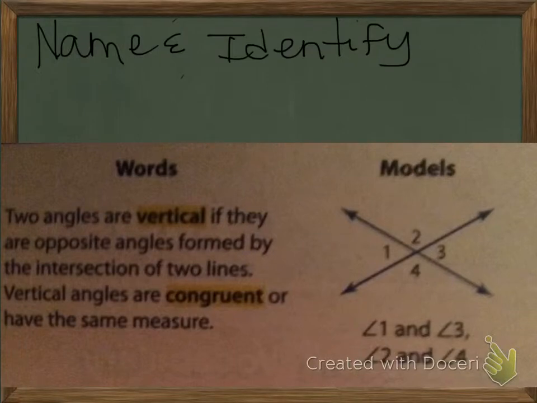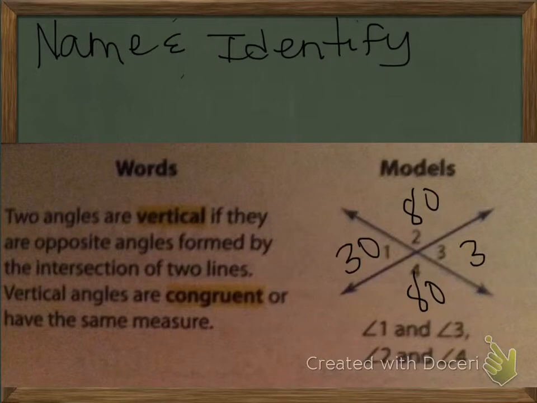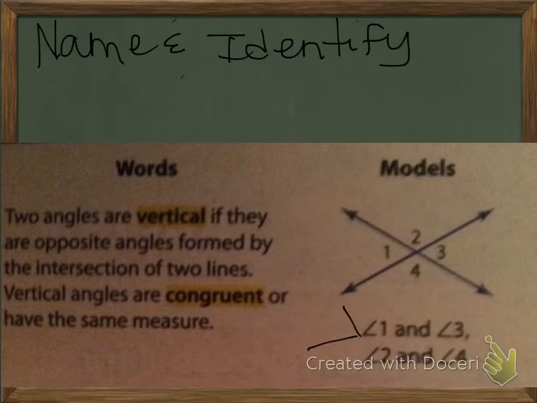So we're going to look at some examples. Like this one: if this is 80, this is 80. If this is 30, this is 30. So this little symbol down here indicates angle.